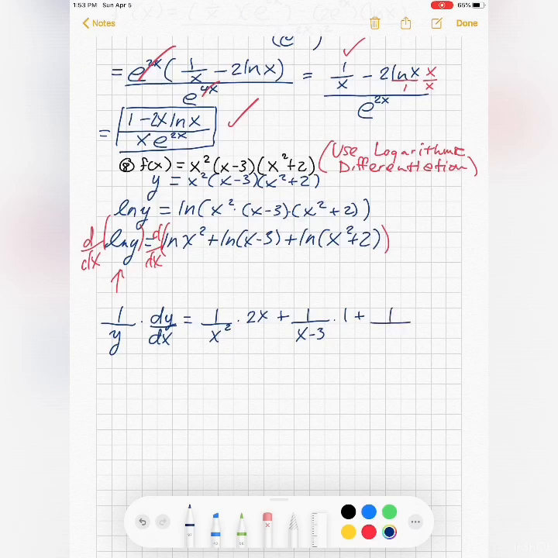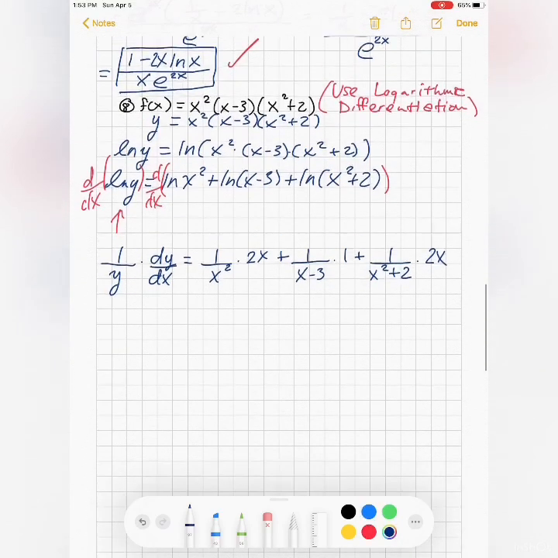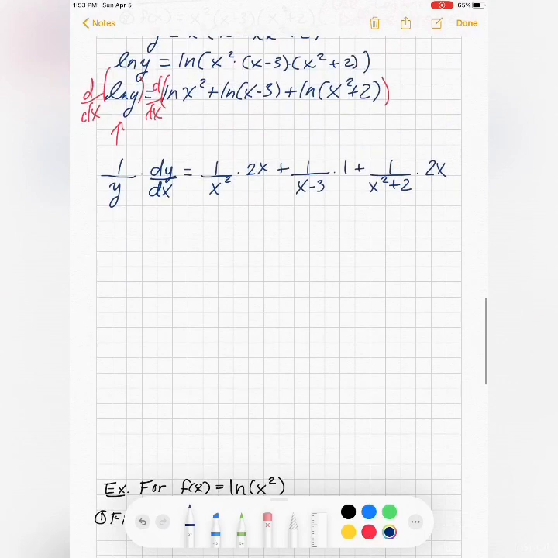And then again, derivative of ln of x squared plus 2, so 1 over x squared plus 2 times the derivative of the argument. So what is that? 2 over x plus 1 over x minus 3 plus 2x over x squared plus 2.